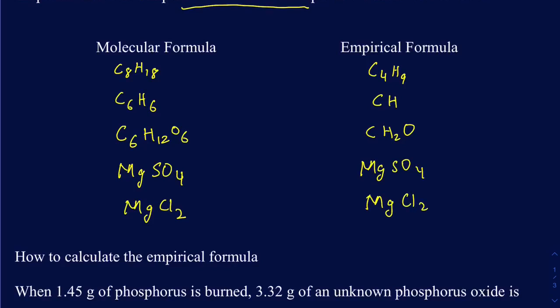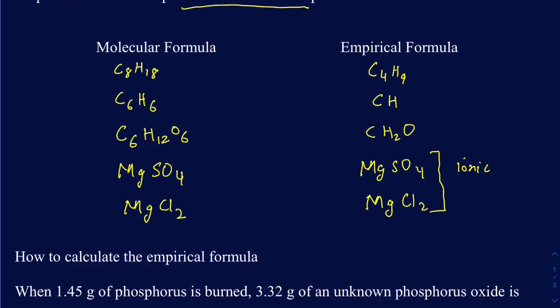So the common thing between the last two compounds that we just talked about is that they're ionic compounds. So a lot of ionic compounds have the same empirical formulas and molecular formulas, and there are some covalent compounds that do have the same molecular formula and empirical formula. So you could technically have the same empirical and molecular formulas, but obviously not always.